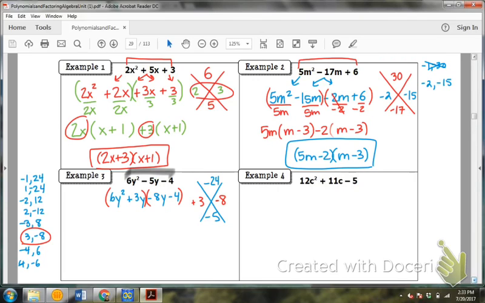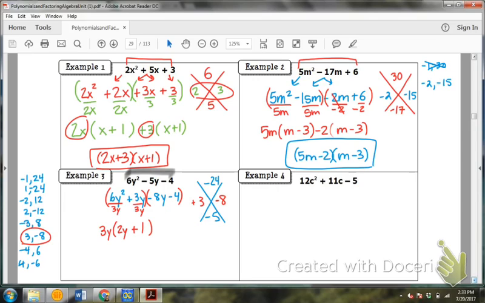Okay. And it goes out to the front. And then 6y squared divided by 3y gives you what? 2y. So in this one, you're still going to have a coefficient out front, and that's okay. So we have 2y plus 1.